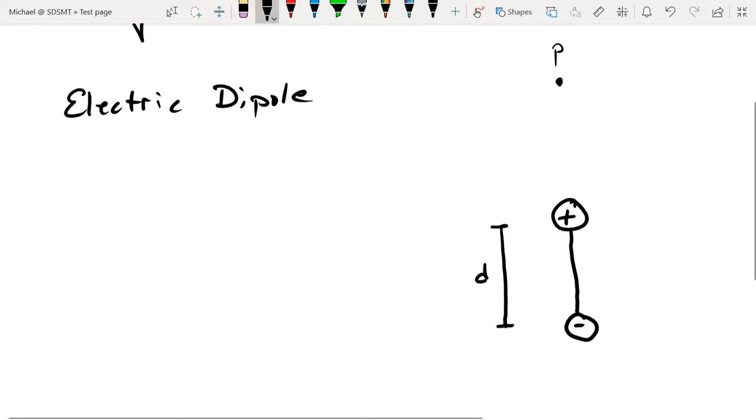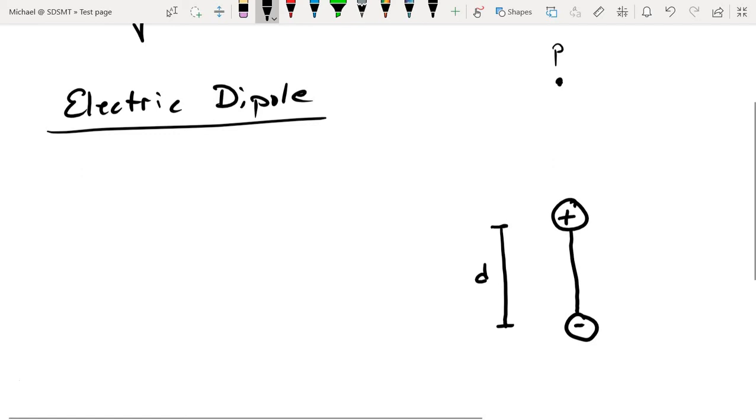And the reason that this is so important is because there are a lot of electric dipoles in chemistry. When you start putting together different atoms and you start constructing molecules, those atoms do not necessarily space themselves out in a symmetric construct.